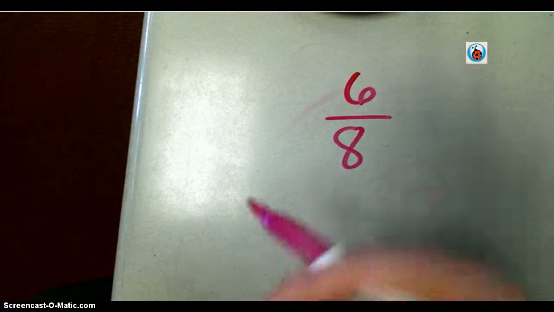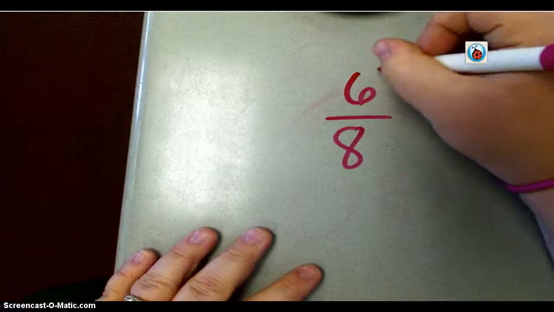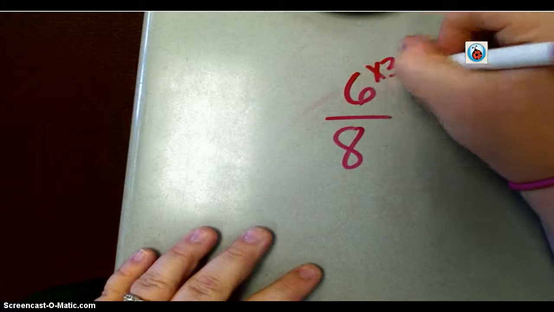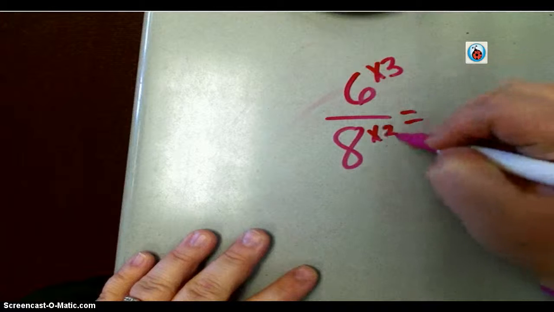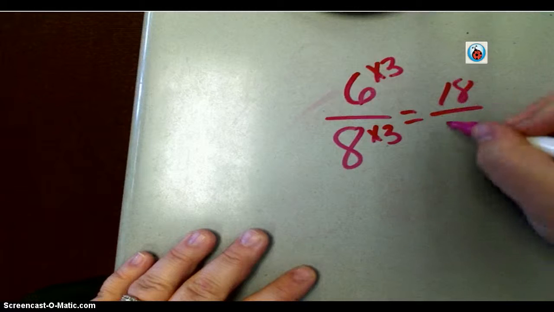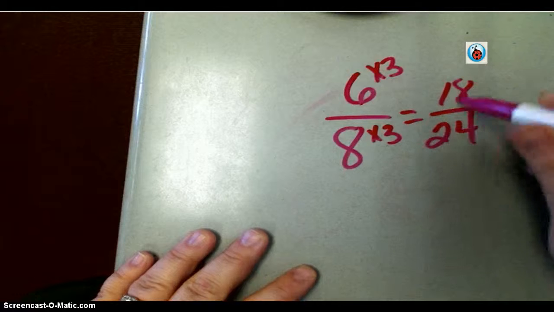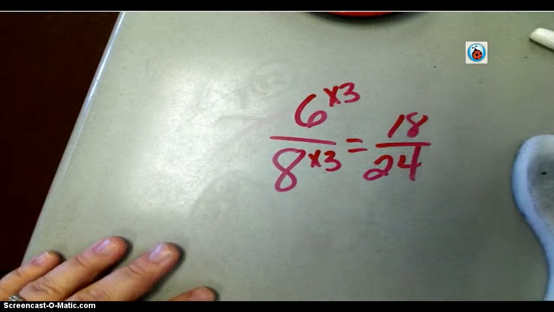Paul, are you with me? Okay. I can say, I want to multiply this top one by 3. If I multiply the top by 3, what do I have to multiply the bottom by? 3. 6 times 3 is? 18. 8 times 3 is? 24. 18 over 24 is equivalent to 6 over 8.